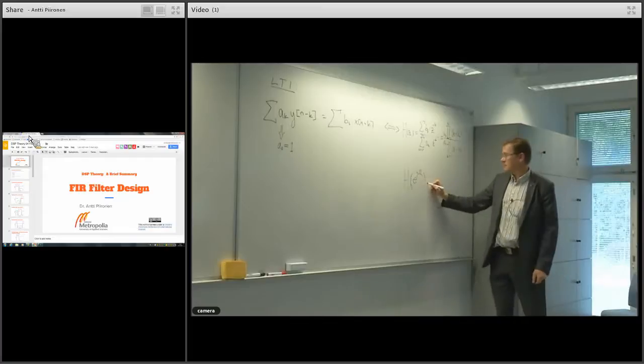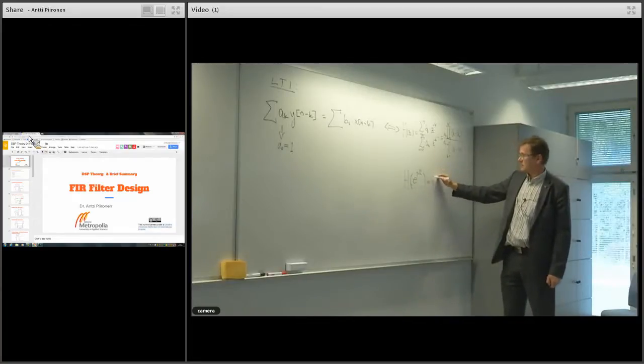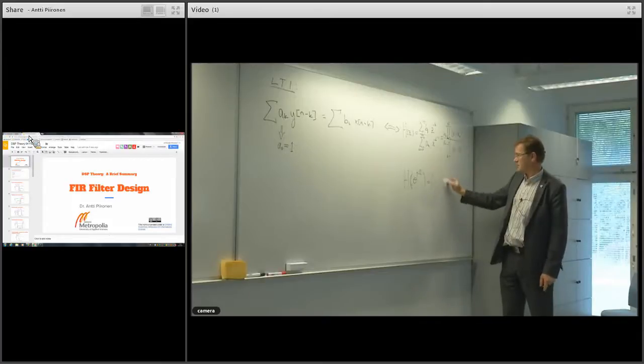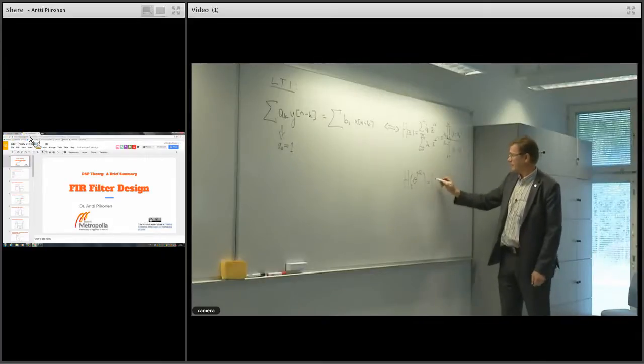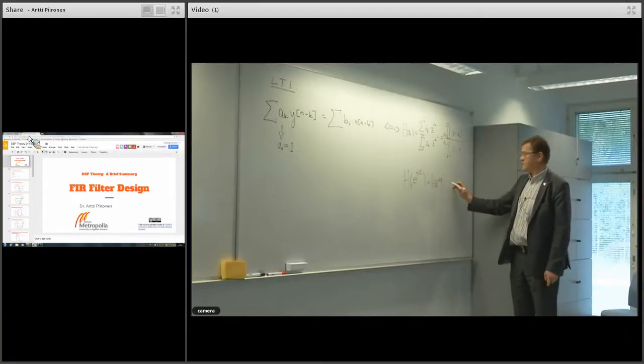That's the frequency response, and it has the amplitude response or magnitude response, just the absolute value of this part. And then we have the phase response, e to the j times theta of omega.